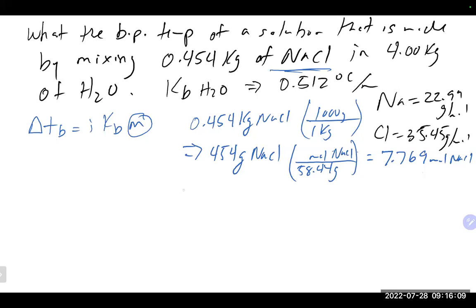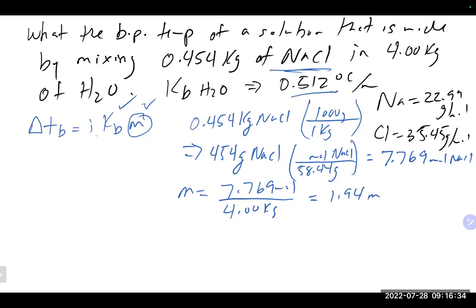To turn that into our molality here, we're already in kilograms of our solvent. So 7.769 moles over our 4 kilograms of solvent. And that would get us a 1.94 molality. Any questions on that so far? Here we have the molality, we have the Kb, which we obviously would find from a table. We will use the i value based off of the formula here.